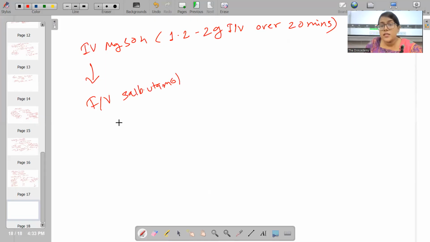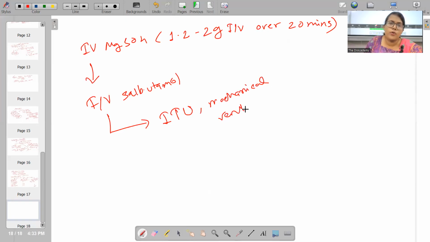And if the patient is still showing no improvement, then consider transfer to intensive thoracic unit and mechanical ventilation. In a lot of books, this is just a simplified chart. In a lot of books, they have mentioned using IV aminophylline, but this is not really recommended by the NICE guideline in recent times, so no need to give it as a correct option.